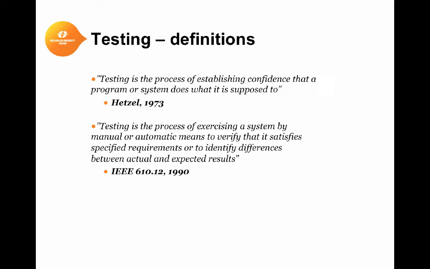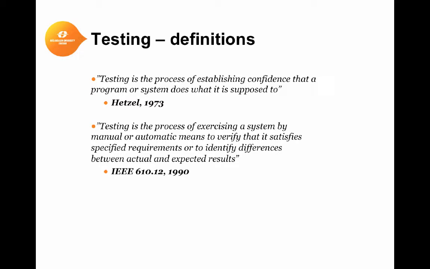One difference here is that they add finding faults in the testing definition. And they also open up for more non-functional testing by specifically talking about meeting specified requirements rather than the more fluffy do whatever it's supposed to do.